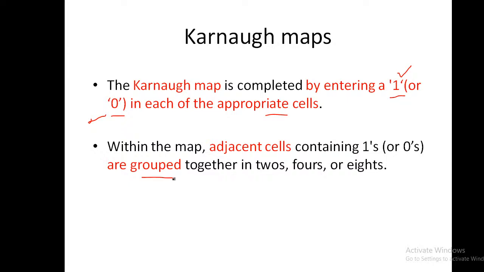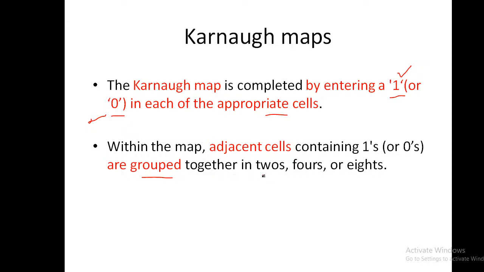When a question is given regarding the Kmap, you have to do two things correctly. Number one, from the question you have to put the ones in the proper positions of the Kmap. Each cell is designated with a value, that is a min term 0, 1. The positions I have shown you; today I will be showing you also. And the second thing, you have to group the ones.